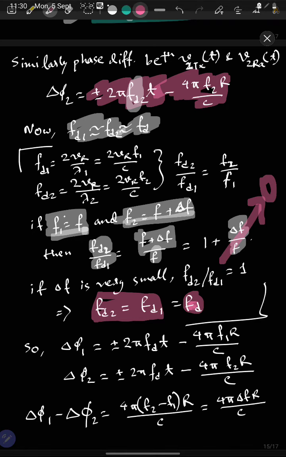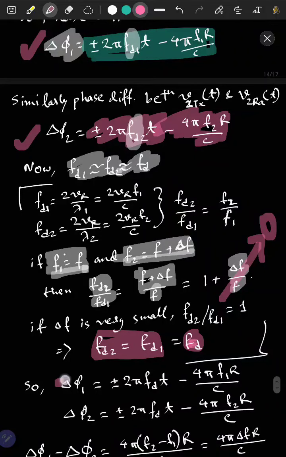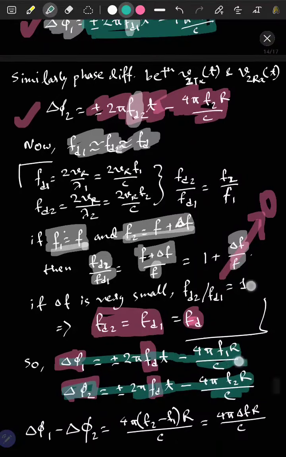So our previous two expressions, delta phi 1 and delta phi 2, now have the fd1 and fd2 terms replaced by fd. Delta phi 1 becomes plus or minus 2 pi fd t minus 4 pi f1 r by c. For delta phi 2, plus or minus 2 pi fd t minus 4 pi f2 r by c.